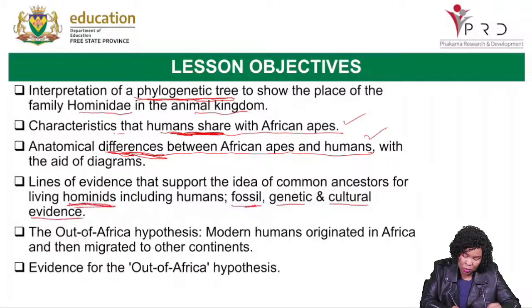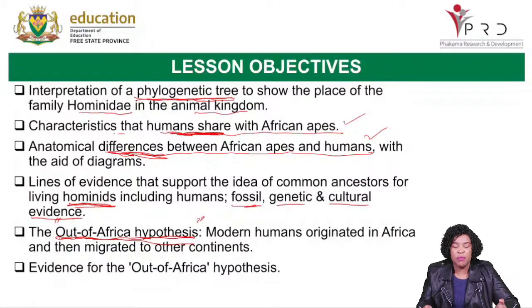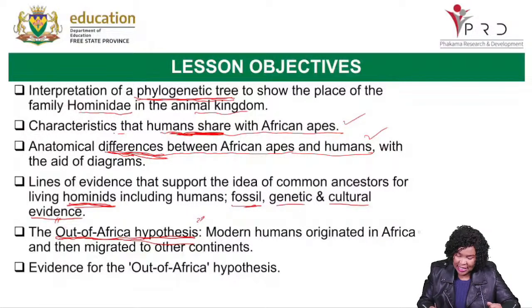And then you must also be able to discuss the out of Africa hypothesis. What do we mean by out of Africa hypothesis? It means that modern humans, or the Homo sapiens that you see today, originated in Africa and then migrated to other continents. So this is what out of Africa means.